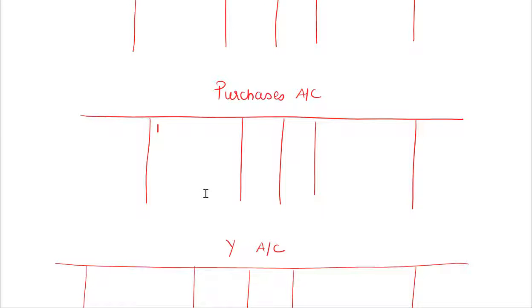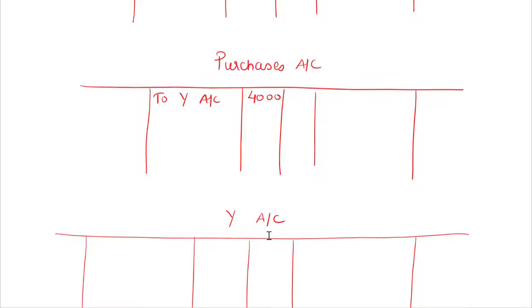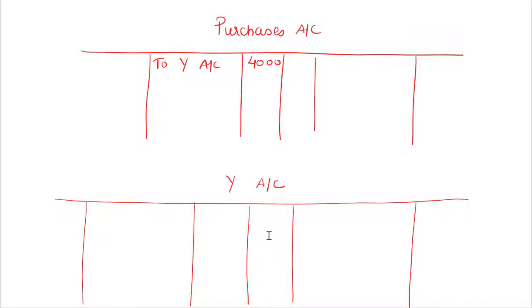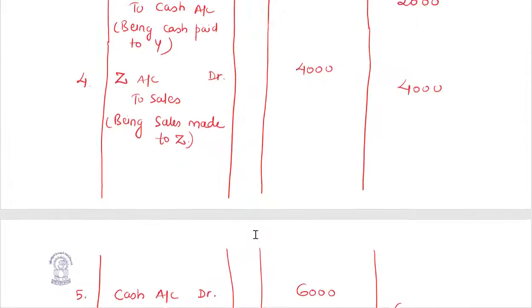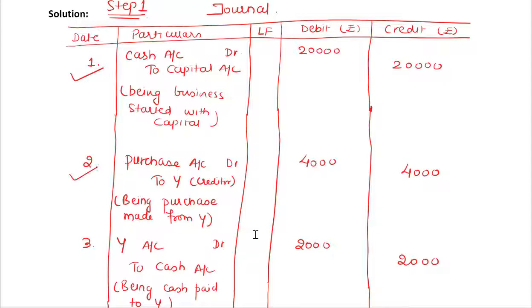So we will write to Y account. The amount is 4,000. And in Y account, we will write by purchases. The amount is 4,000. I hope you are clear till here.